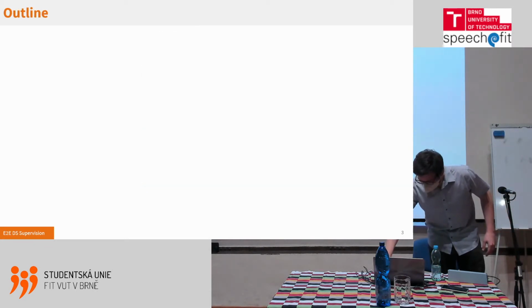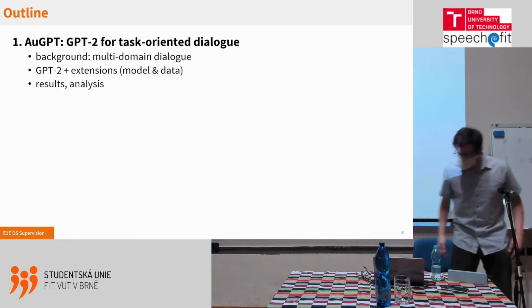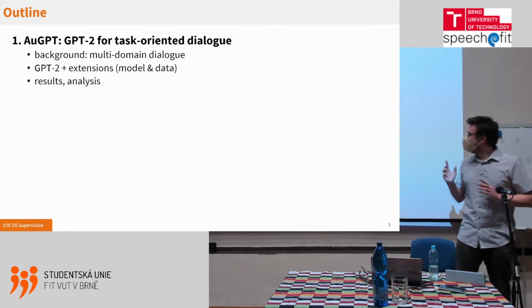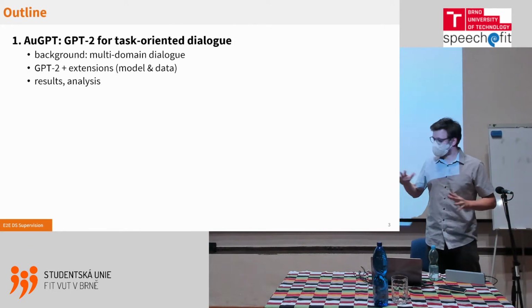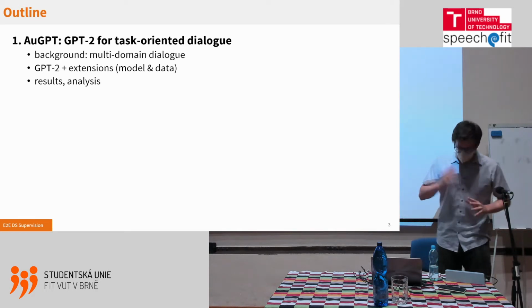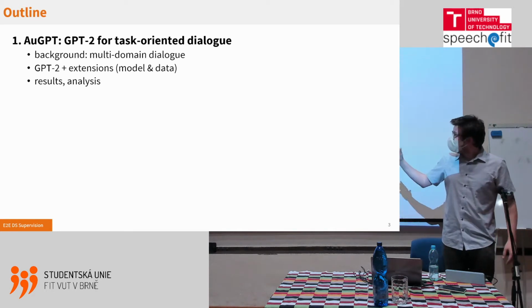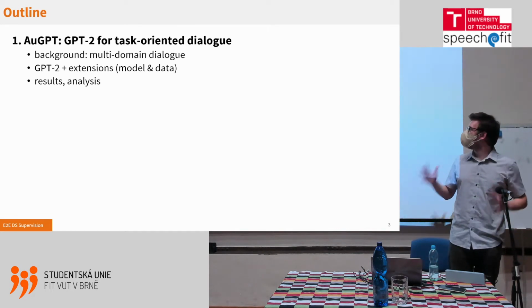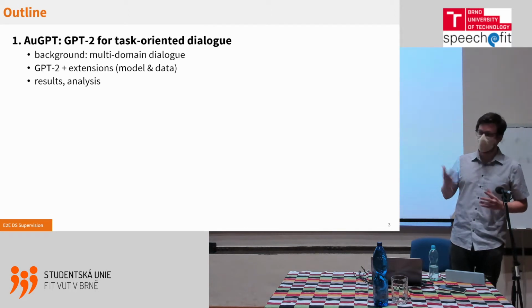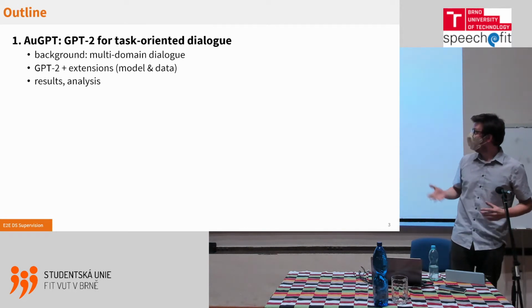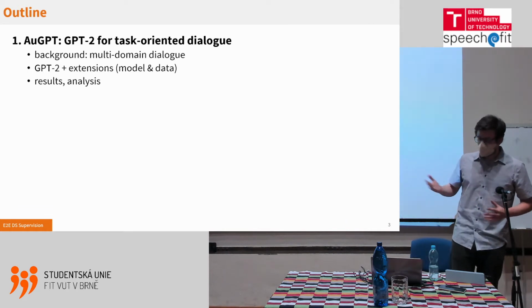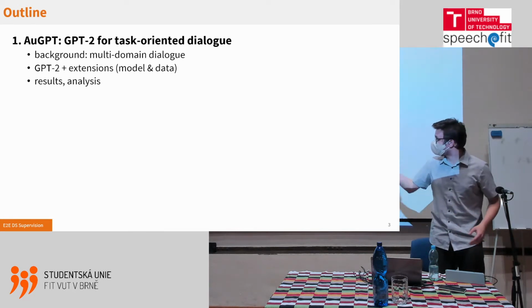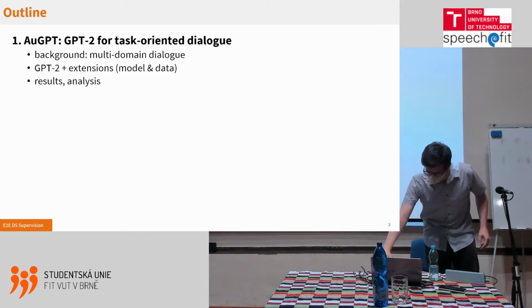So I'll start with a quick outline of the talk. It's basically divided into 3 parts, 2 of which are more scientific, the third is more technical. The first one is how we implemented an end-to-end neural dialogue system using the huge pre-trained model GPT-2, with some background on dialogue systems and how to extend that GPT-2 model to work on dialogue.